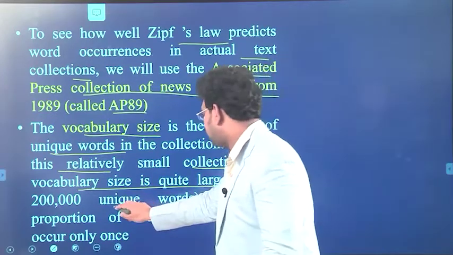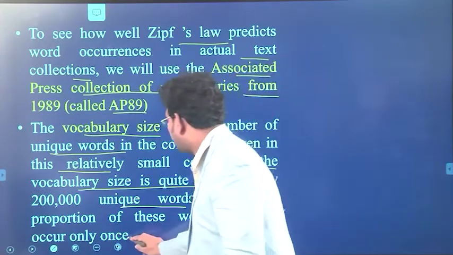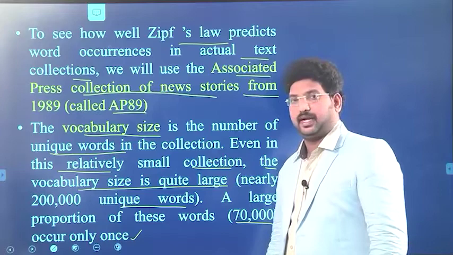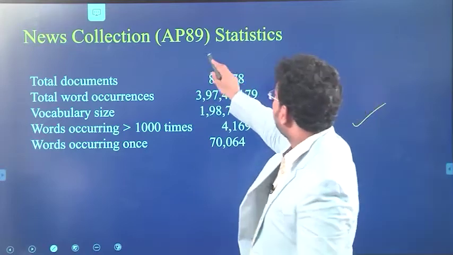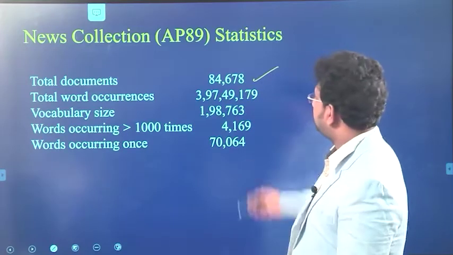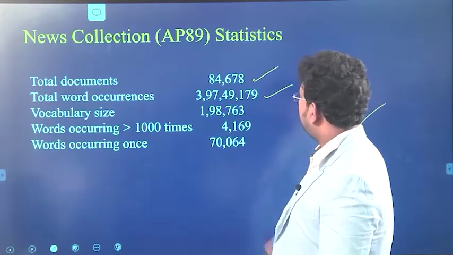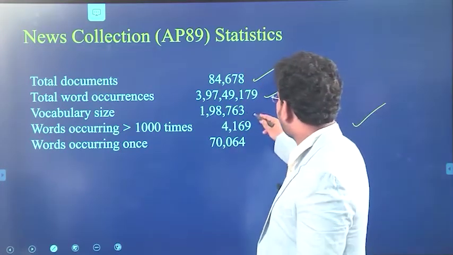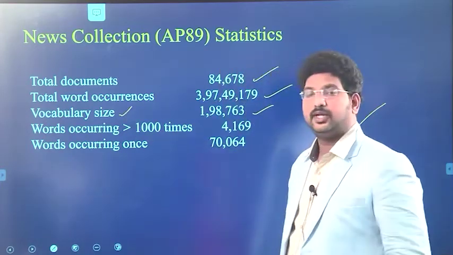A large proportion of these words, 70,000, occur only once, and the remaining are repeated. Now the AP 89 statistics: the total number of documents is nearly 86,678, total word occurrences are 3 crore 97 lakh 49,179, and the vocabulary size is 1 lakh 98,763, which represents the number of unique words.